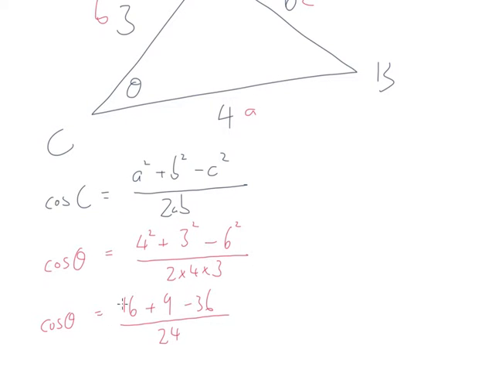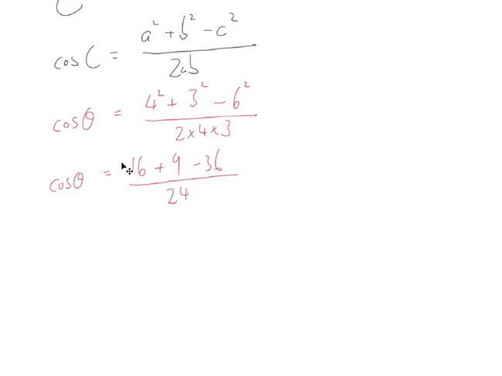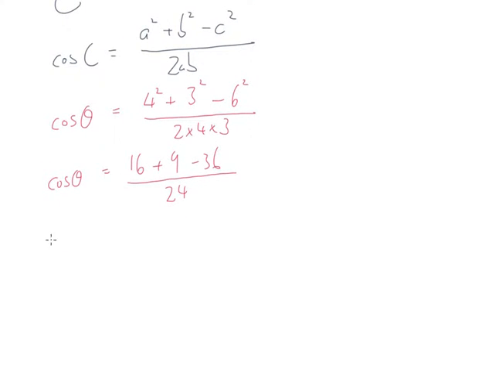It's going to be minus 11 on 24. So cos theta is minus 11 on 24. Shift cos both sides, we get theta is shift cos of minus 11 on 24, which is 117 degrees. So theta here, 117 degrees and 17 minutes.